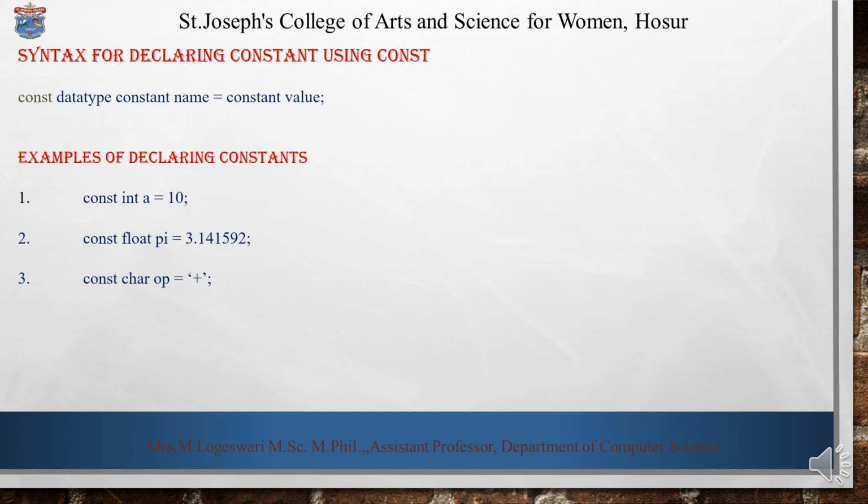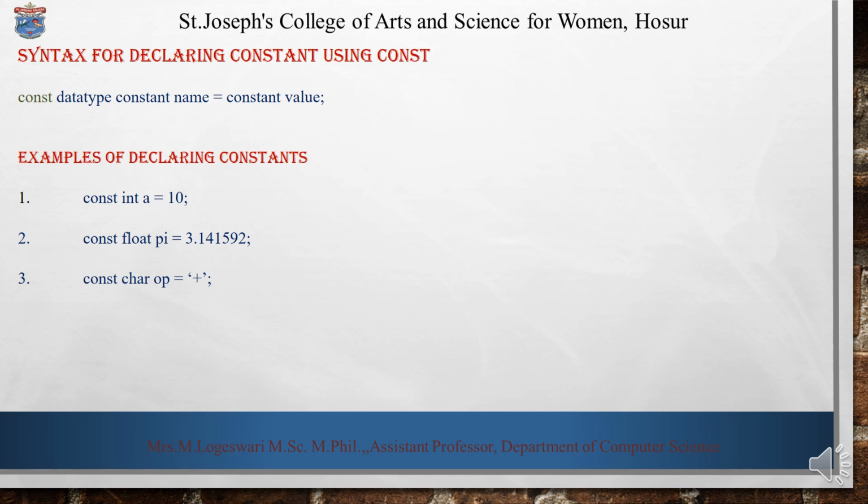This is the syntax for the declaration of constants: const keyword, data type, constant name equal to constant value. At the end of the statement we should give a semicolon. This is an example of declaring constants. First one, const int a equal to 10. const is a keyword, int is the data type, a is the constant name, equal to the constant value 10.